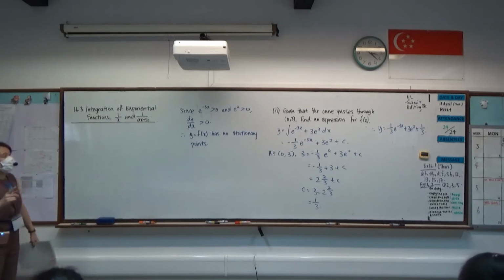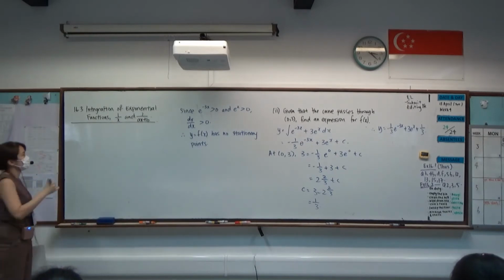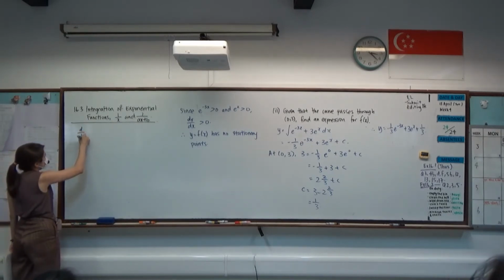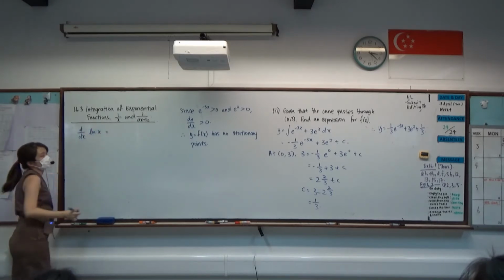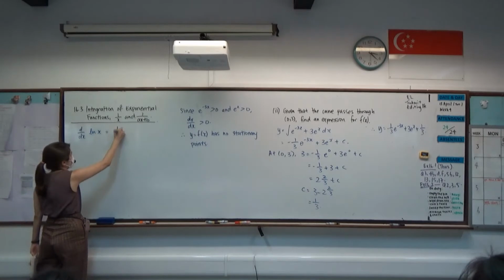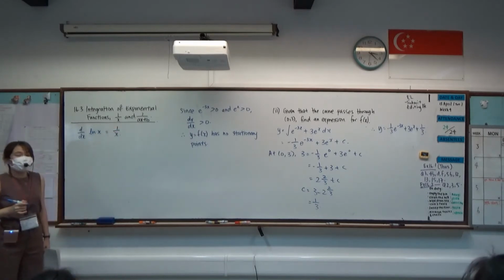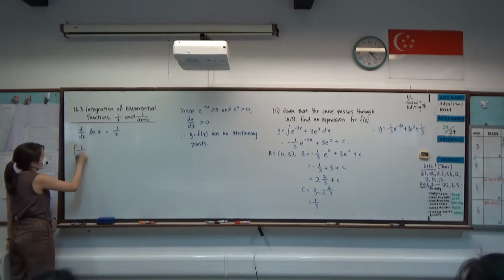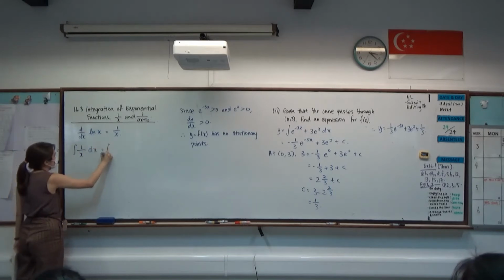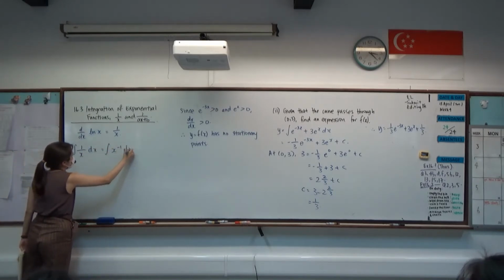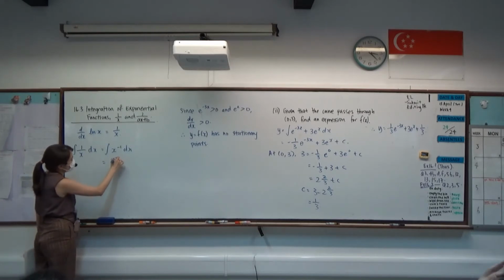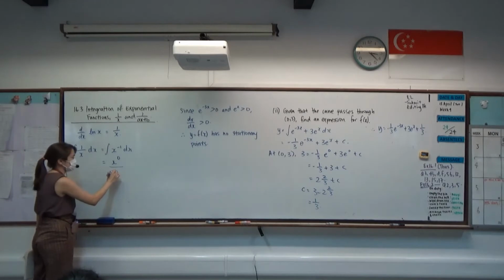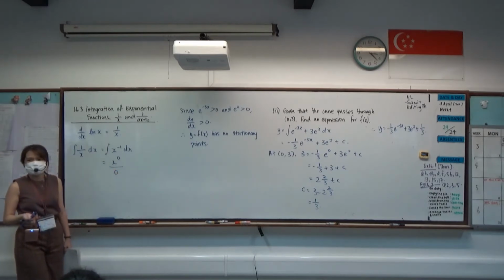Why is that so? Because when we differentiate things like ln x, we get 1 over x. So I cannot think of integrating 1 over x as though it is to the power of negative 1, then plus 1 becomes 0, then divide by 0, which doesn't quite make sense, right?